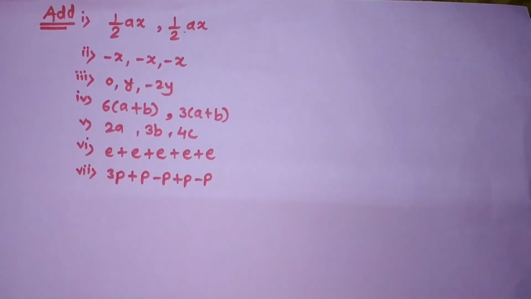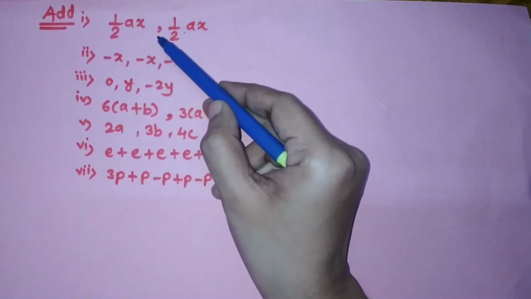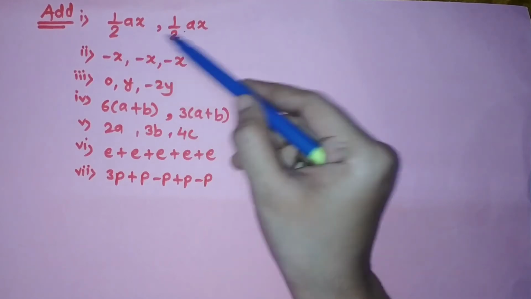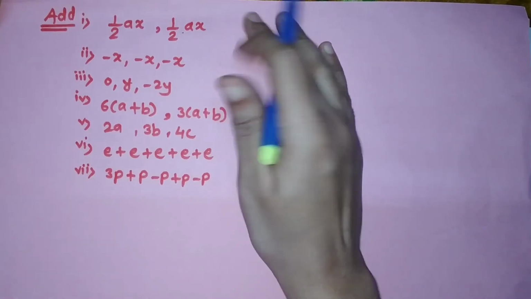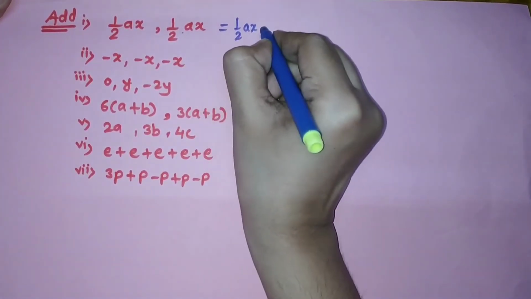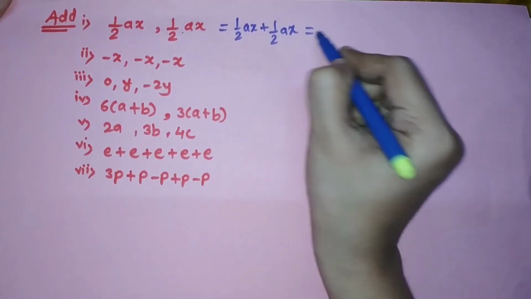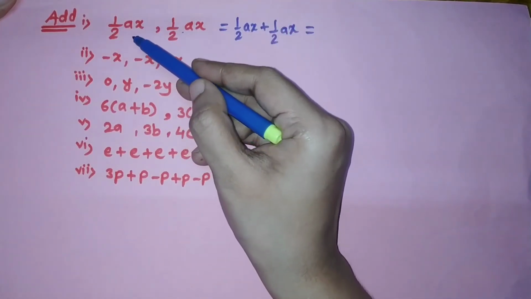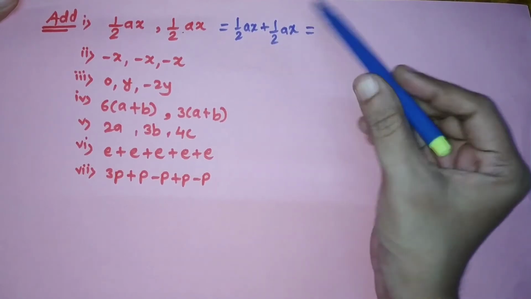So now friends, we will see some more examples of addition. Here you want to add 1 by 2 ax with 1 by 2 ax. Here comma indicates that these are different terms and we need to add them. So here for adding, just write 1 by 2 ax and you need to add with another 1 by 2 ax. So friends, we know that 1 by 2 plus 1 by 2, and this you can add because here is the variable a and x is there with the same power here also, so addition is possible.